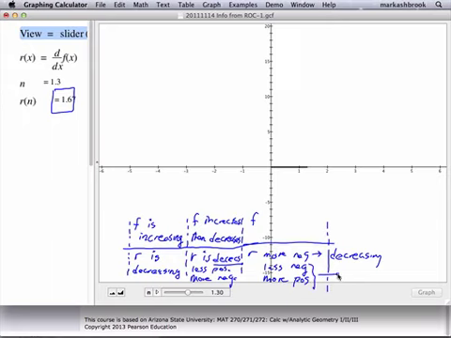So first the rate was decreasing, and then it was increasing. Okay? What about F? As R was decreasing and becoming more negative, what will F be doing there? Autumn.